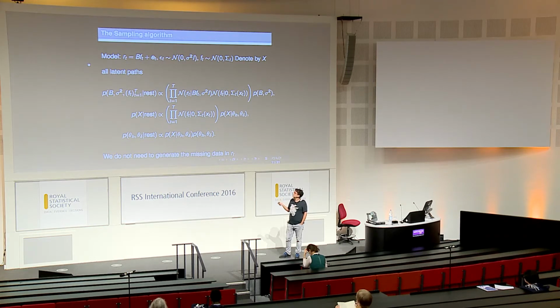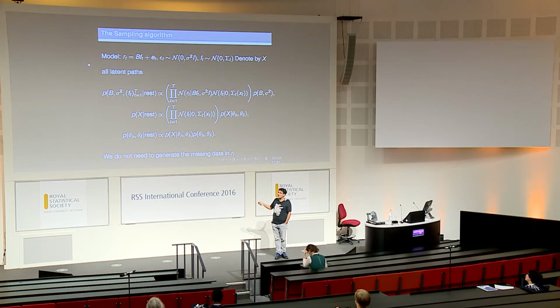If I wanted to do an MCMC, in summary, I would have these three steps. The first step is to sample beta, sigma square, and the factors. And the third step is to sample the parameters of the autoregressive processes.